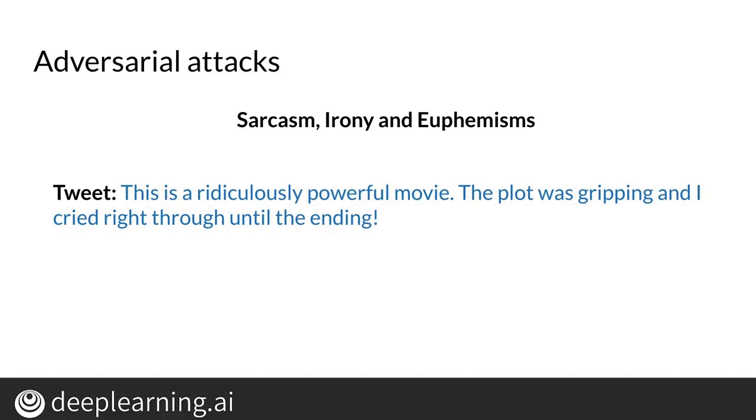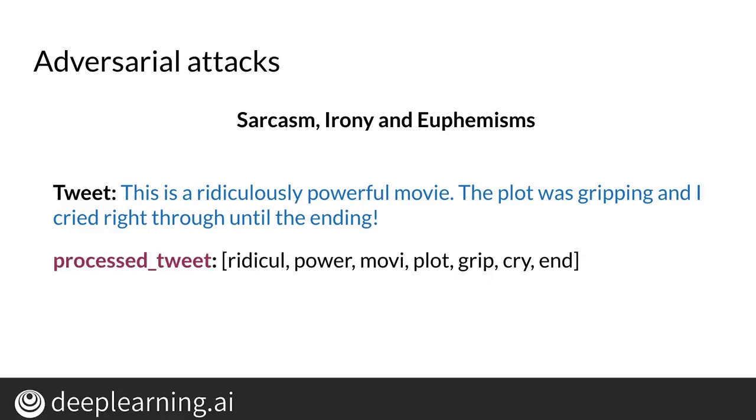The plot was gripping, and I cried right through until the ending," contains a somewhat positive movie review, but pre-processing might suggest otherwise. If you pre-processed this tweet, you'd get a list of mostly negative words, but as you can see, they were actually used to describe a movie that the author enjoyed. If you use naive Bayes on this list of words, it would end up giving a very negative score regardless.